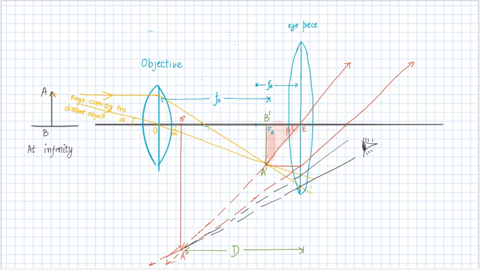Tan beta will be the ratio of the opposite side, which is A dash B dash, upon the adjacent side, which is B dash E. Similarly, for alpha, consider this yellow triangle.